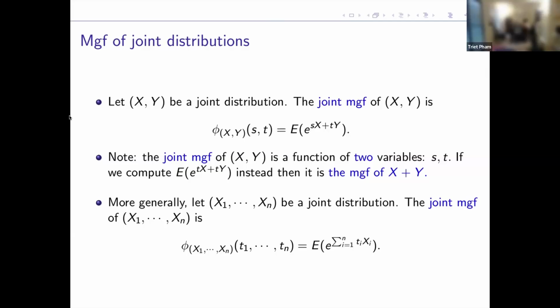And in general, you can do a dot product between the scalar vector t and the random vector X to get the moment generating function of the vector X. Okay, any question about this definition?